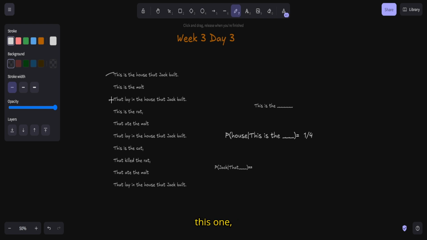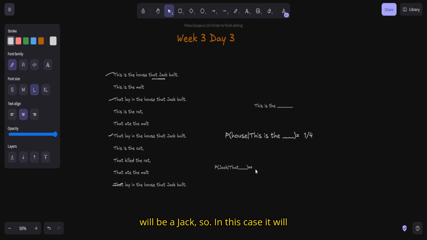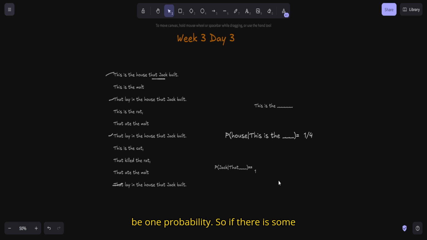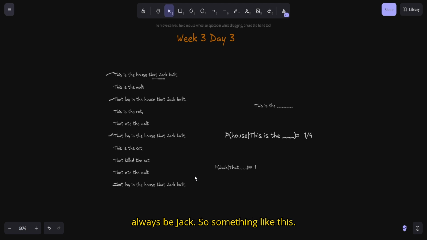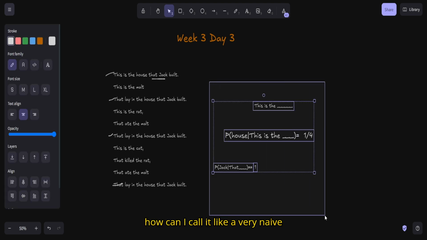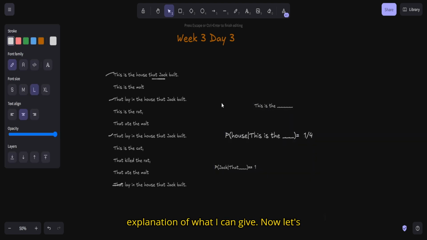This one, this one, this one, this one. In all of the cases, you can see that jack is there after "that". So in this case, it will be probability one. If there is the word "that", after that there will always be jack. This is a very naive explanation of what I can give.